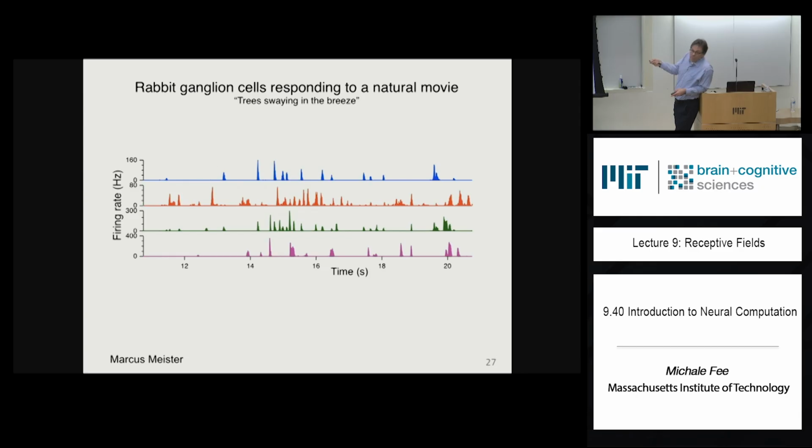This is actually a histogram, a peristimulus histogram of the activity of a bunch of different neurons to a movie being played to this piece of retina in the dish. That's just literally a movie from a forest with trees swaying around in the breeze. Okay?